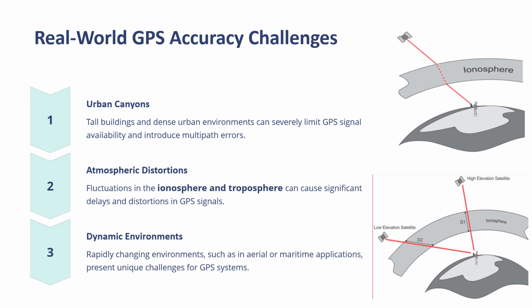The challenges have already been summarized. Now to summarize, the signal from the satellite is penetrated by the ionosphere, so there will be ionospheric delay. Then the GPS receiver near a reflecting surface can introduce greater error, and there are atmospheric distortions from fluctuations in the ionosphere and troposphere. Tall buildings and dense urban environments can introduce multipath effects.